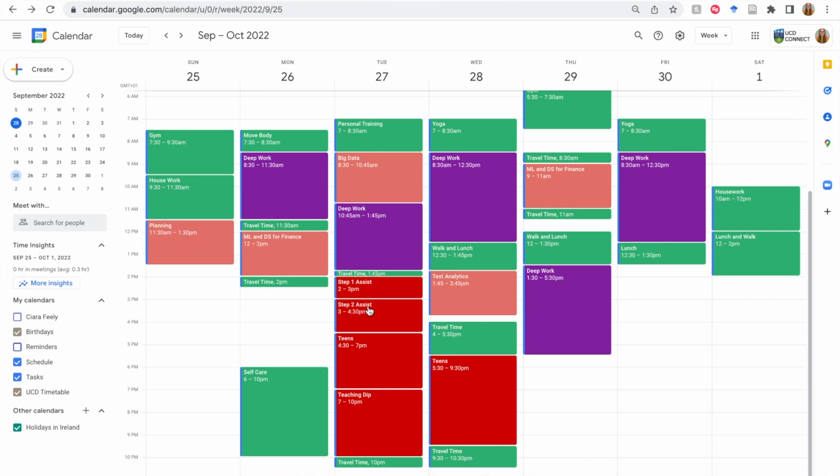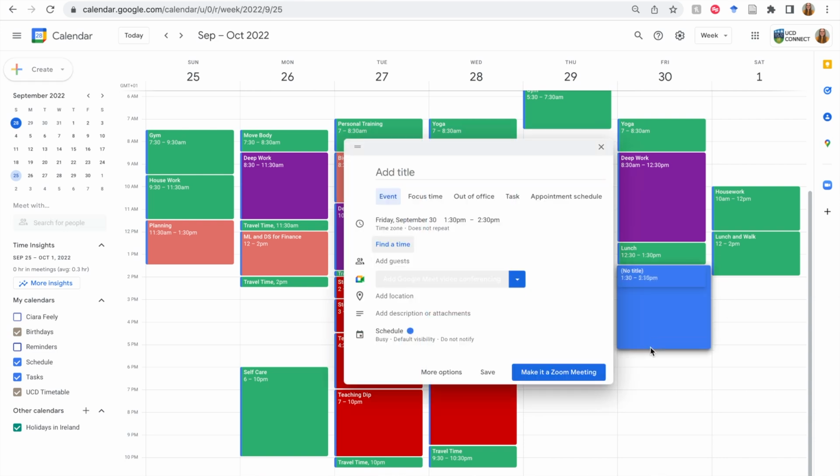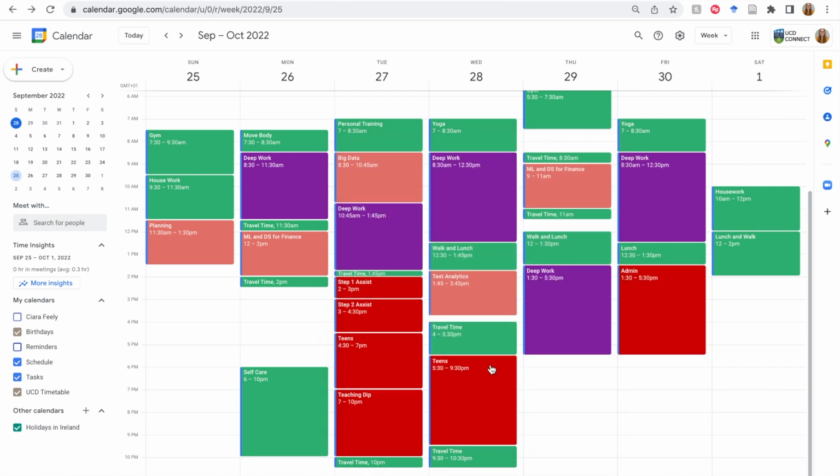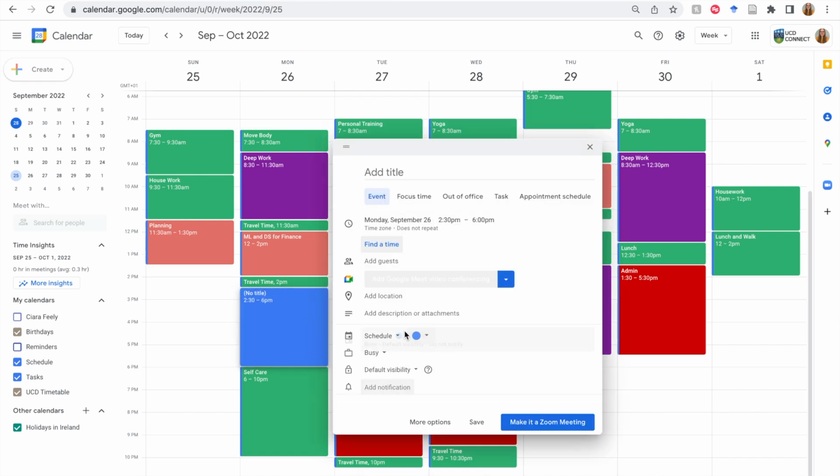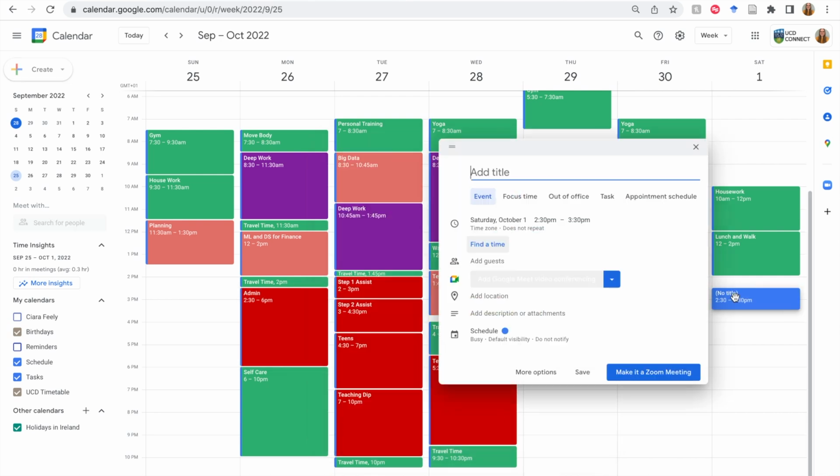So I'd like to put myself available for those, and for that I'll need to block off those times. So I'm going to block off some time on a Saturday and a Monday for, again, admin if I'm not needed, but to be there if I am. And I'll probably be there for the first week of term anyway, but otherwise it's just good to have that in the calendar, and then I don't need to rearrange things if I have to do it on a given day.